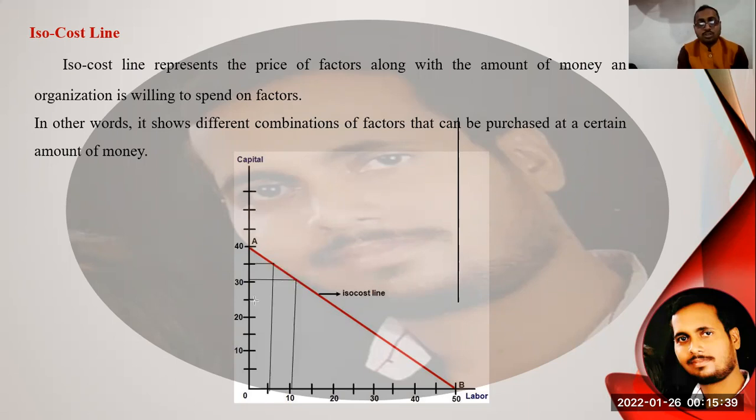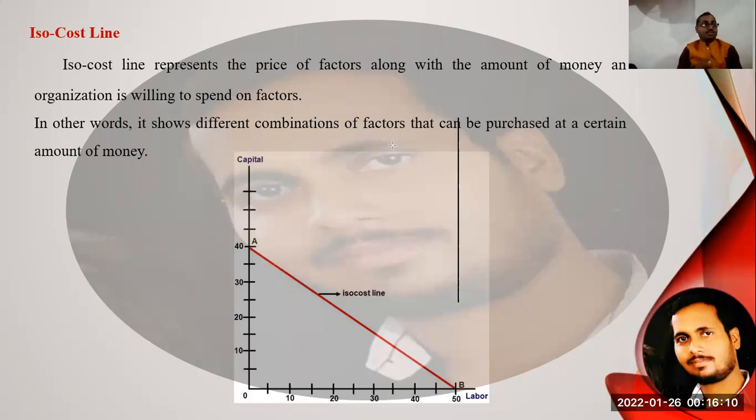Further, students, 25 units of capital and further 18 units of labor. So these are the various combinations, or 10 units of capital and 40 units of labor. What the entrepreneur is able to purchase, what the entrepreneur is able to use in the production process, will be shown by the IsoCost curve.